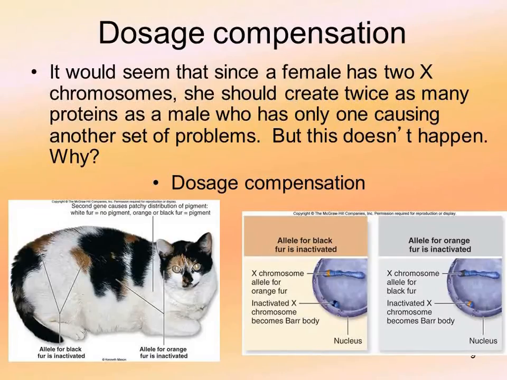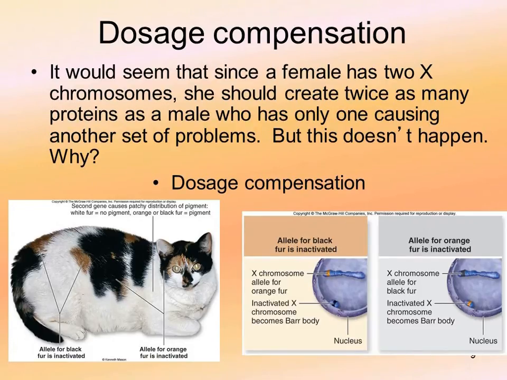And the answer is this idea of dosage compensation. Dosage compensation is the cell's way of ensuring an equal expression of genes from the sex chromosomes, even though females have 2 X's and males have only 1. Early in the development of the female embryo, 1 X chromosome in each cell becomes condensed.